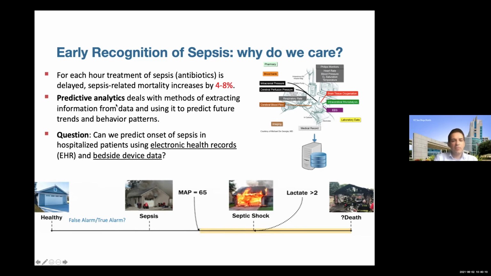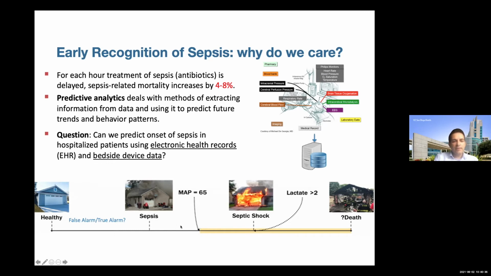This is the motivation for why you may want to look into predictive analytics, and look at all the data from bedside devices and different sources that are organized in the electronic health record to make predictions. As Miguel mentioned earlier, here we are talking about predictions at very short time horizons, around 4 to 8 hours.